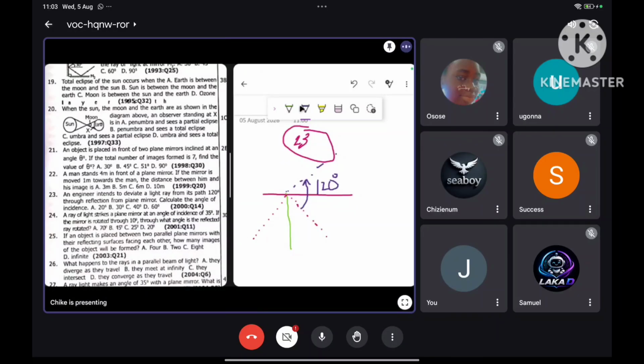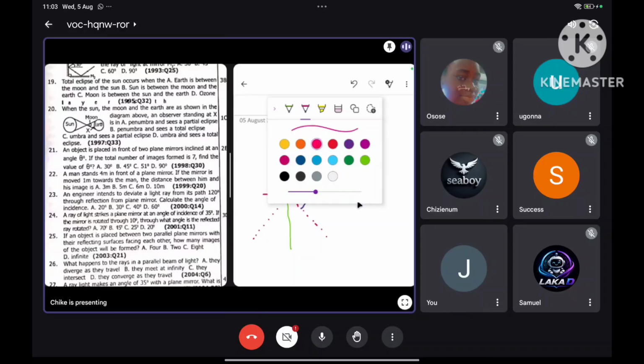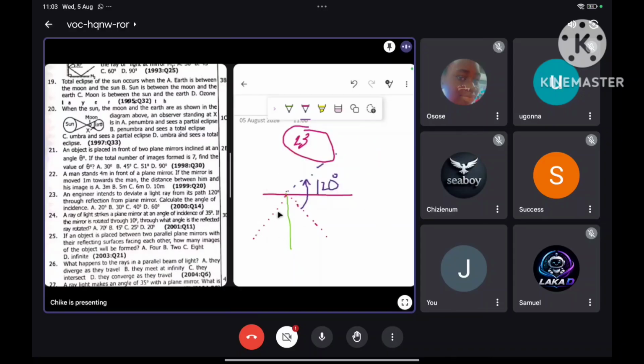Calculate the angle of incidence. Now, how are we going to solve this? We're going to solve this from our understanding of the laws of reflection. Now, from the law of reflection, if the angle of incidence is x, what will be the angle of reflection? Class, if the angle of incidence is x, what will be the angle of reflection?